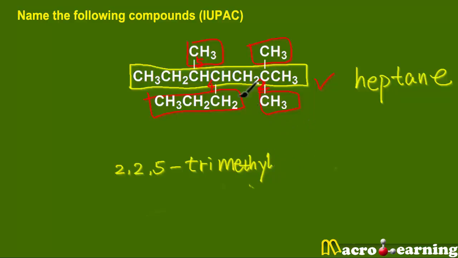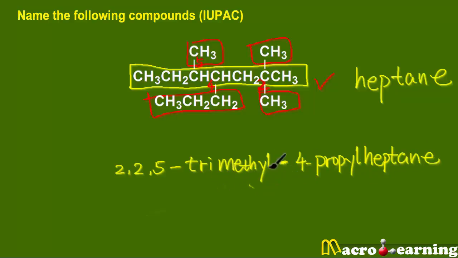Trimethyl, and then 4 propyl, right? Propyl group is on the fourth carbon, 4-propyl, heptane, one word. Okay, 2,2,5-trimethyl-4-propylheptane.